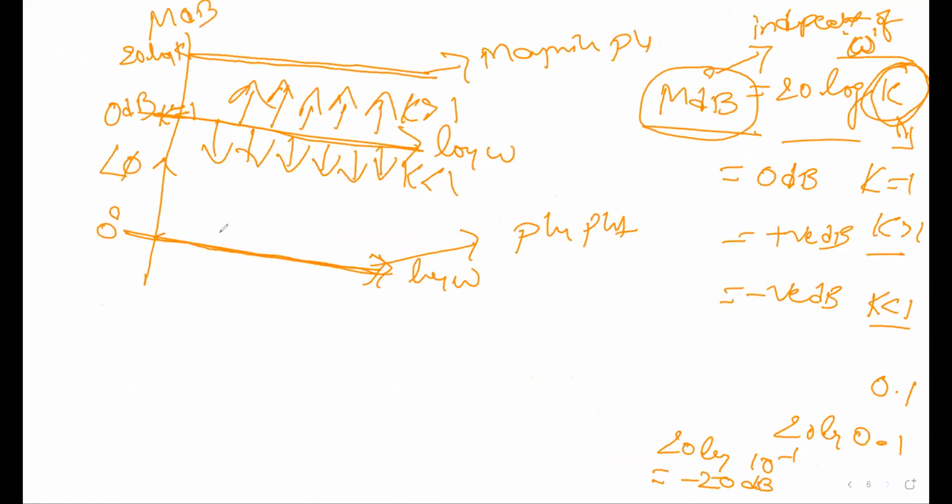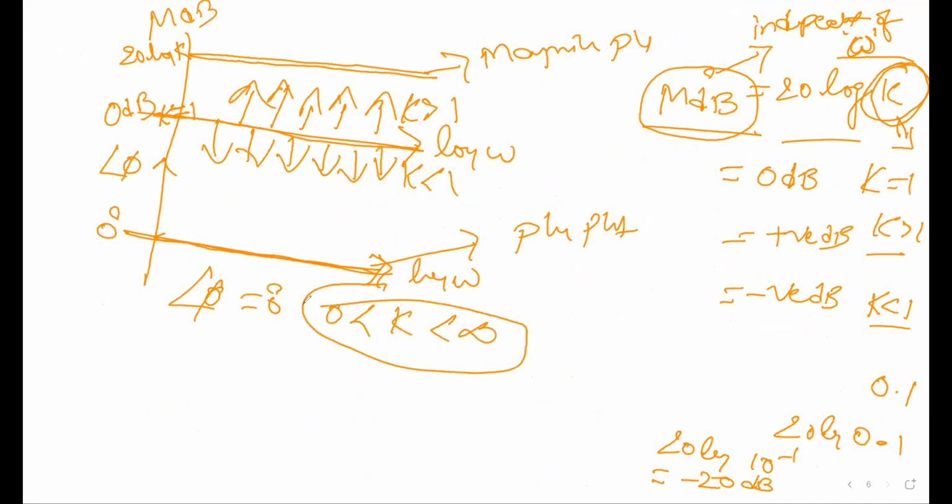That's why the phase angle is 0 degrees for all values of k. But the magnitude plot depends upon the value of k. Is it clear, all of you? Yes, sir.